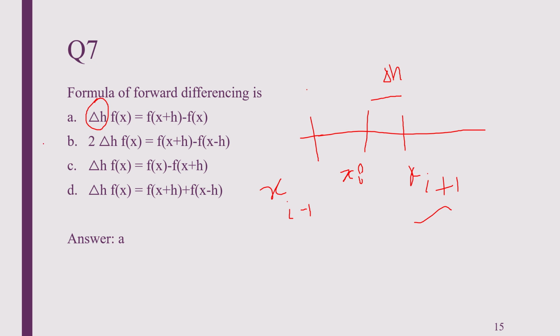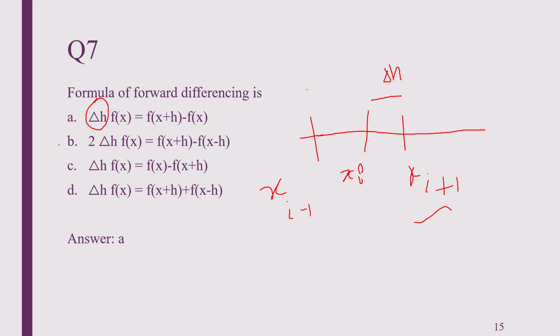Whereas in option B, it is 2 times delta h times f of x is equal to f of x plus h minus f of x minus h. This is similar to central differencing. In option C, it is delta h times f of x is equal to f of x minus f of x plus h. And option D is delta h times f of x is equal to f of x plus h plus f of x minus h.